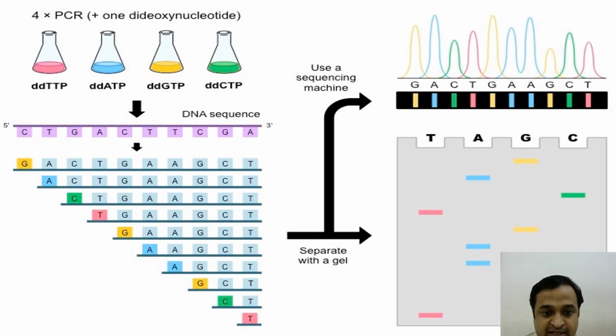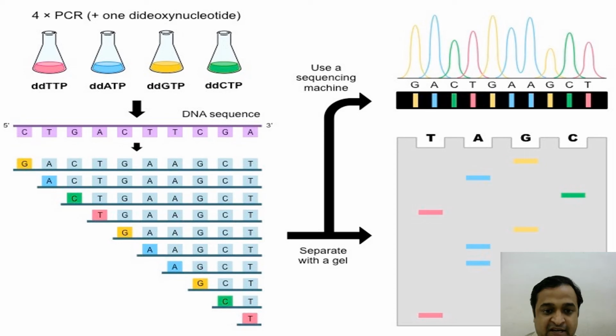Say that instead of a normal adenine nucleotide, a dideoxynucleotide is added from the second reaction mixture. What happens is that the elongation of the DNA will be stopped at this particular point. So you have a stretch of DNA of this particular length.